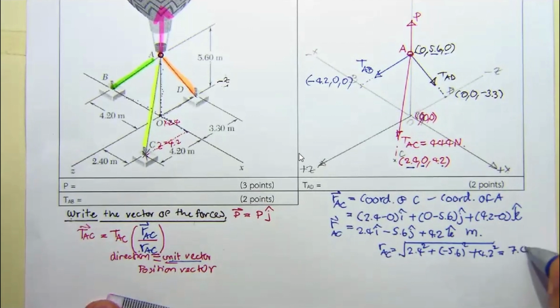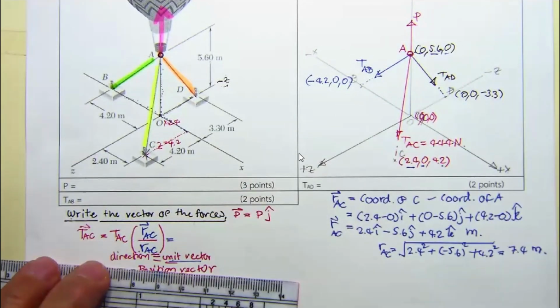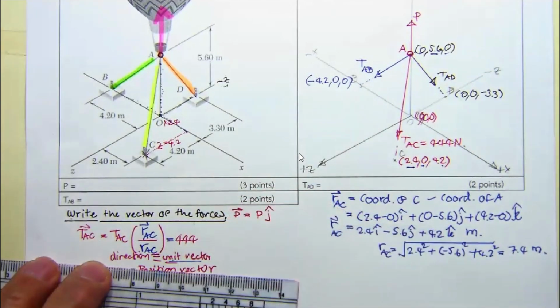7.4 meter. Then we have this one equal to 4, 4, 4. Okay, 4, 4, 4.